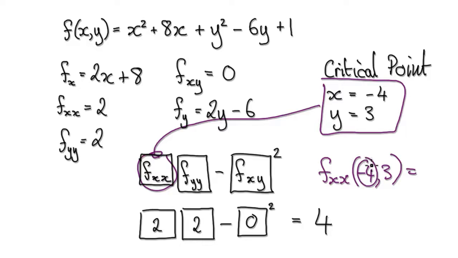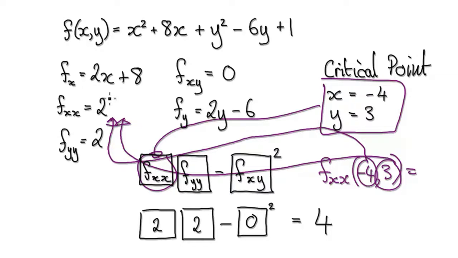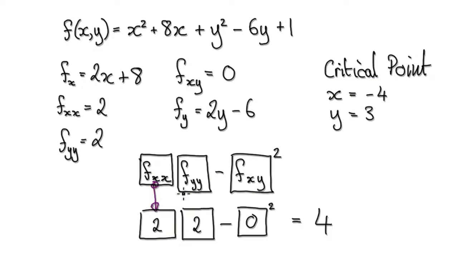So you would put this into x here, but there's no x over here. You would put this into the y, but there's no y over here. It's just simply the number 2. So that goes in here. So this becomes 2. Looking at fyy is this.